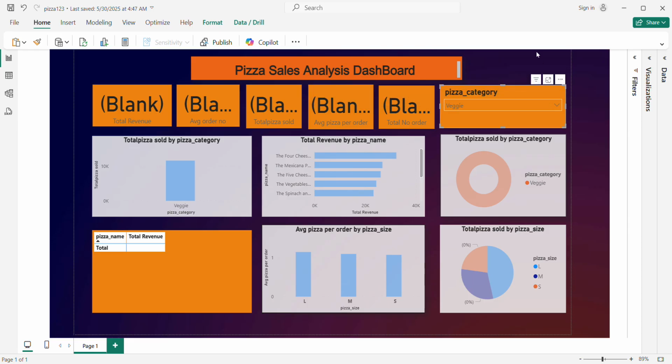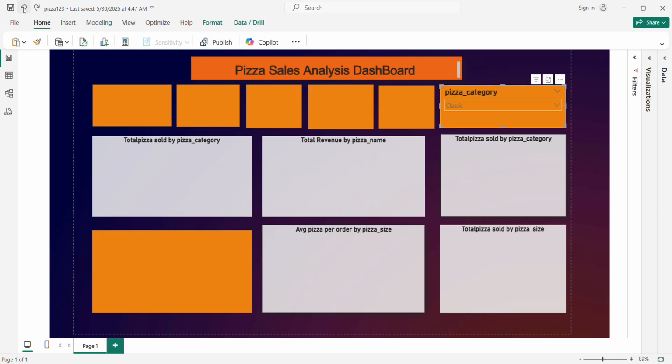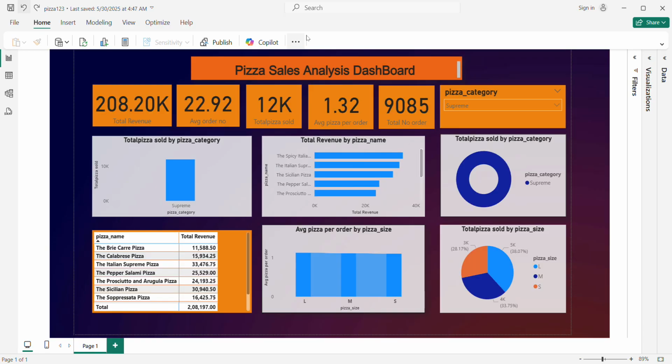So this is the overall comparison of the pizza sales in the different categories of pizza.